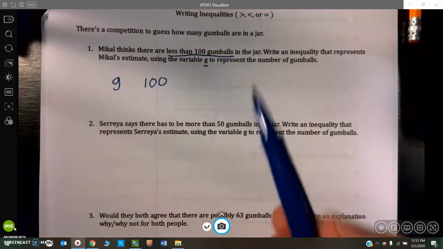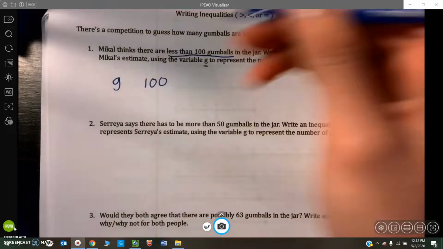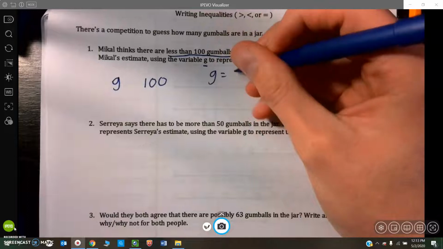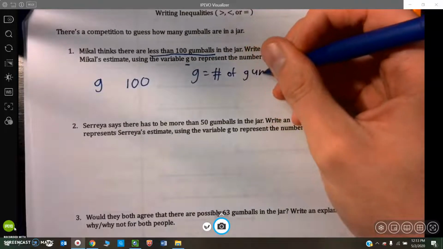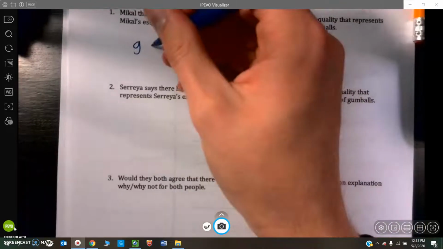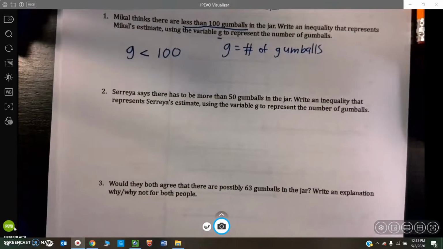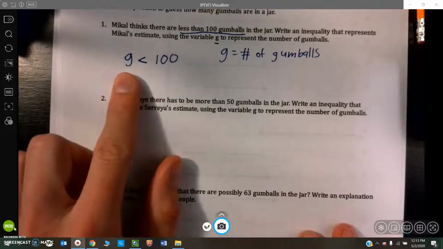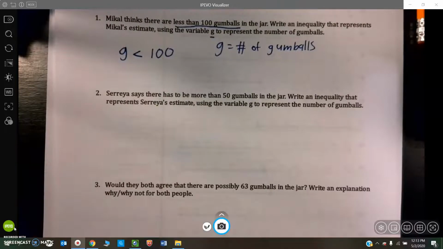And he said that there are less than 100 gumballs. So g is the number of gumballs, and he's saying that the number of gumballs has to be less than 100. So that would be his inequality. Mikhail is saying that the number of gumballs is less than 100.